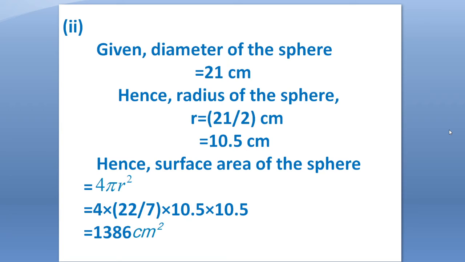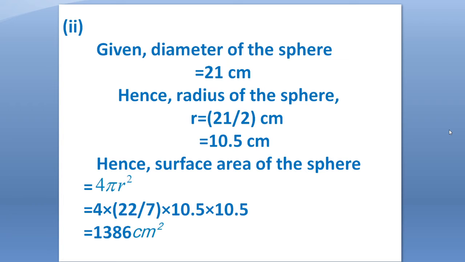Second, given diameter of the sphere is 21 centimeter. Hence, radius of the sphere is equal to 21 divided by 2 centimeter, which is equal to 10.5 centimeter.